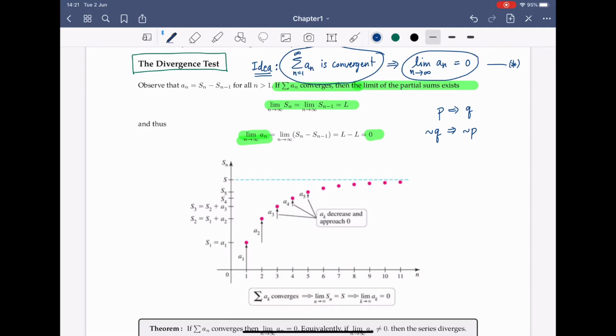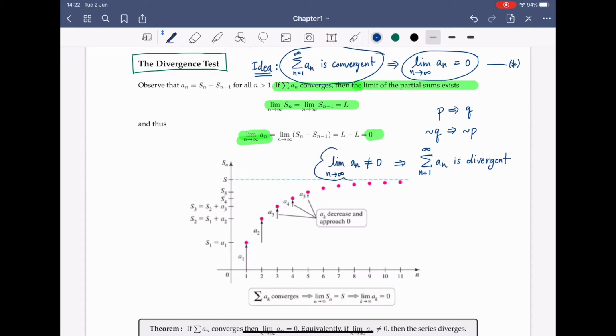So if the limit of a sub n is not equal to 0, then you can conclude that the summation of a sub n from n equals 1 to infinity is not convergent, which means it is divergent.